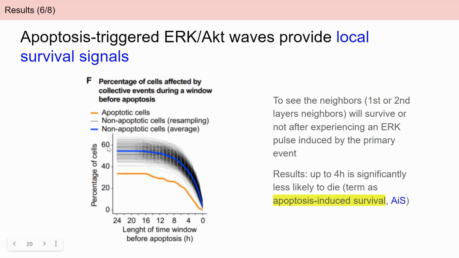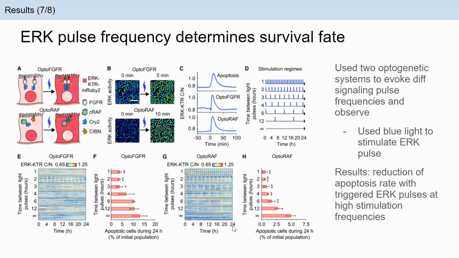The result shows that up to 4 hours they are significantly less likely to die. Once the apoptotic cells inform the neighboring cells with the ERK AKT wave, they keep surviving for up to 4 hours before they gradually maybe undergo apoptosis together.